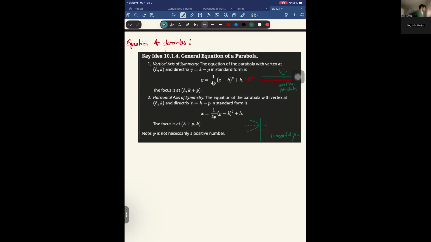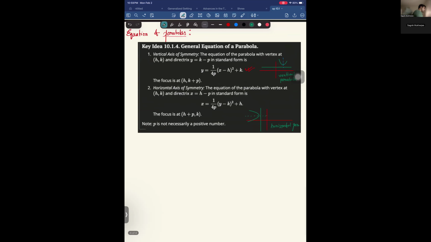So let's be more precise. So in the first equation, this is the directrix. So the equation of directrix is y equals to k minus p. Okay.